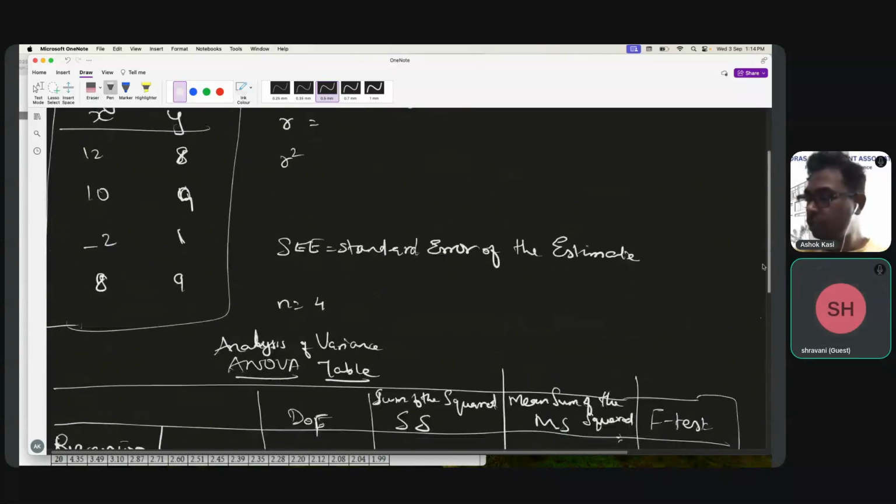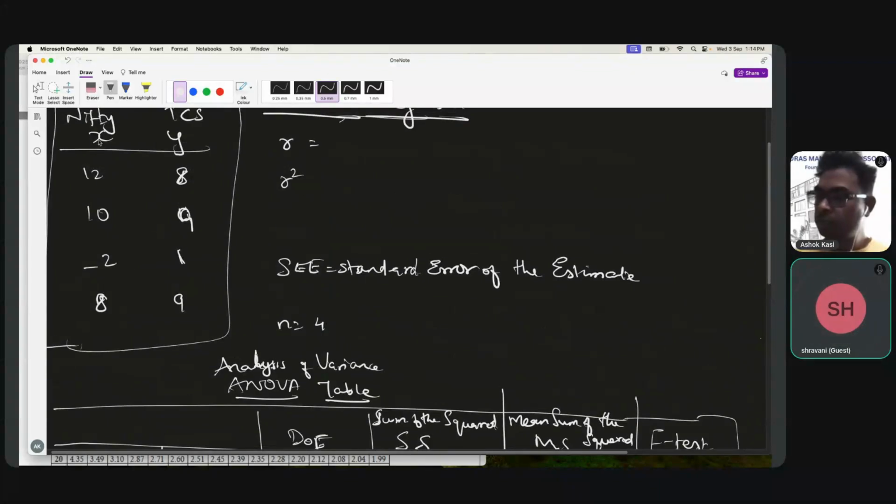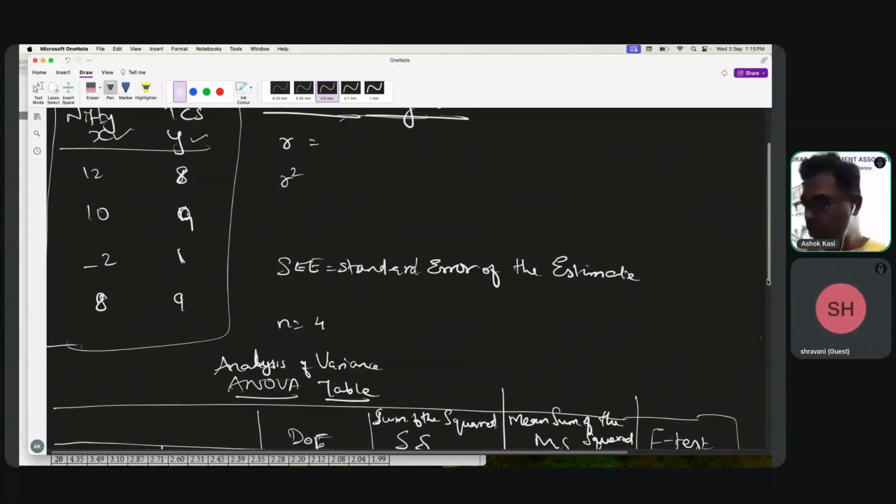Okay, you have written till here. This is the question. Based on this given condition x and y, we have to calculate all the other variables.